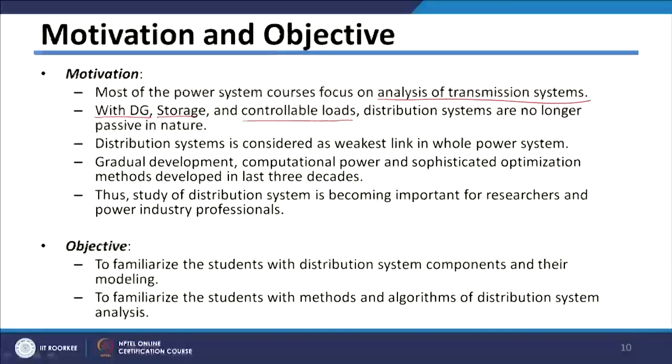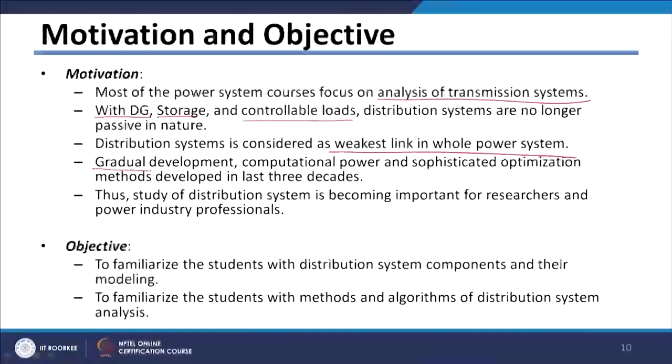Also, distribution system is considered to be the weakest link in the whole power system because it is the most loss making component.